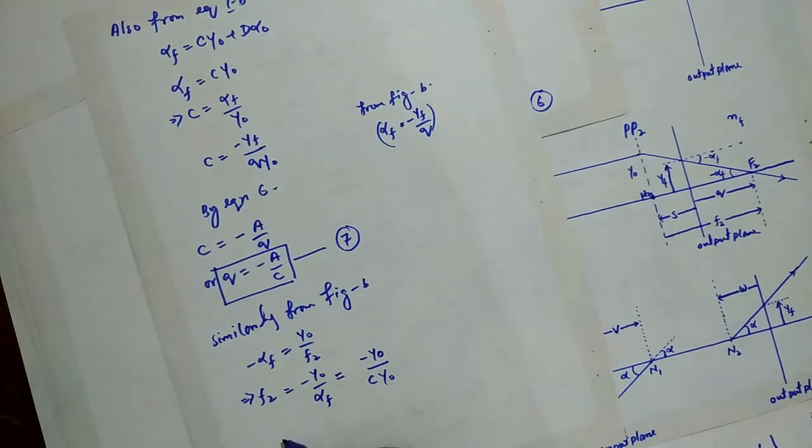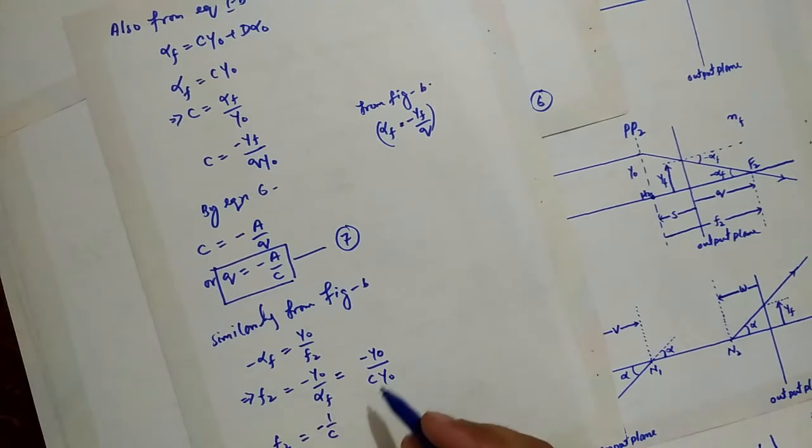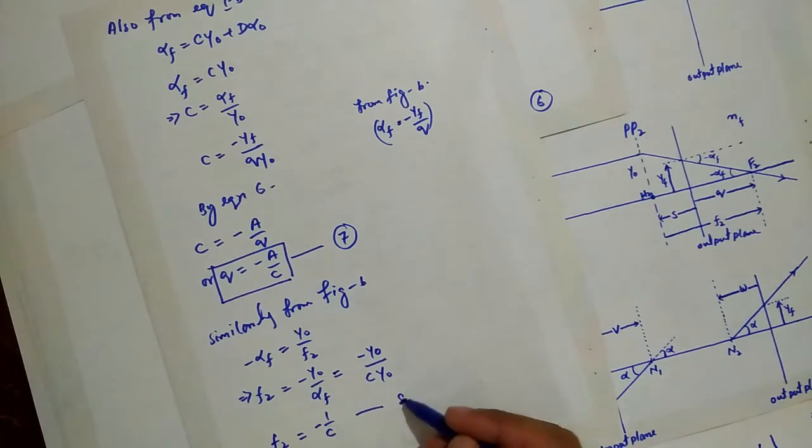So y naught will be cancelled and we will get f2 equals minus 1 upon c. Clear? This is equation number 8.